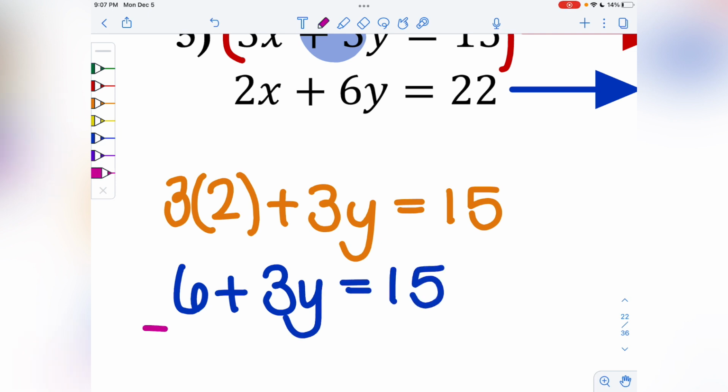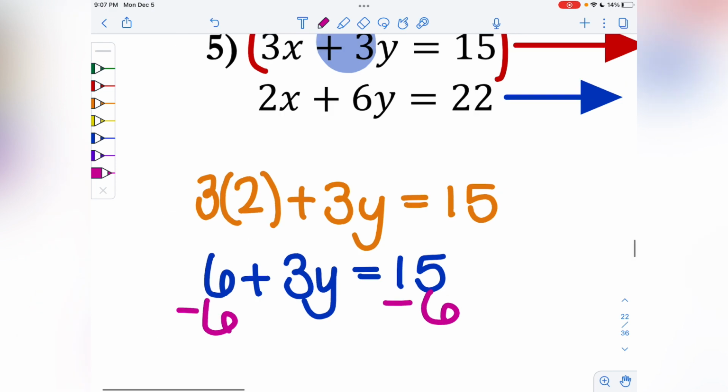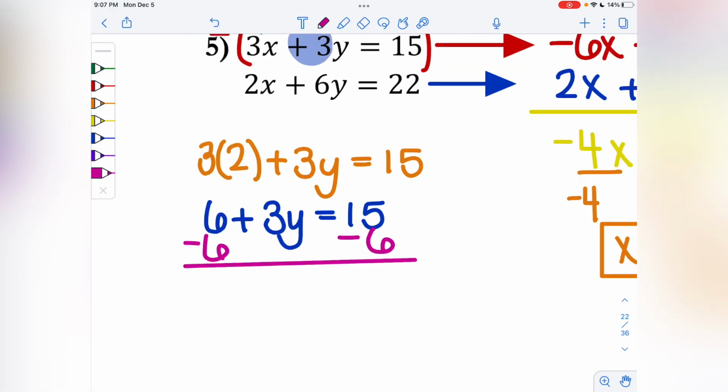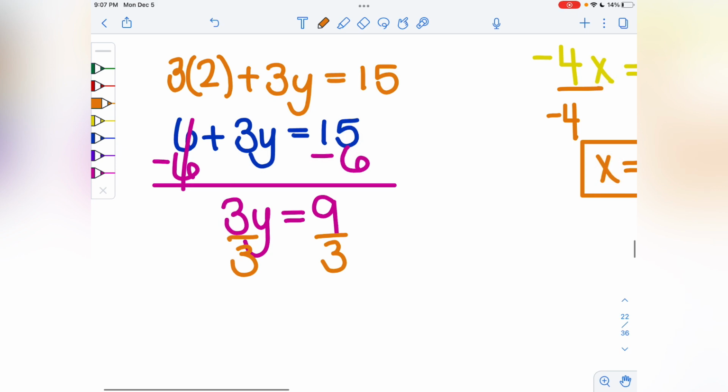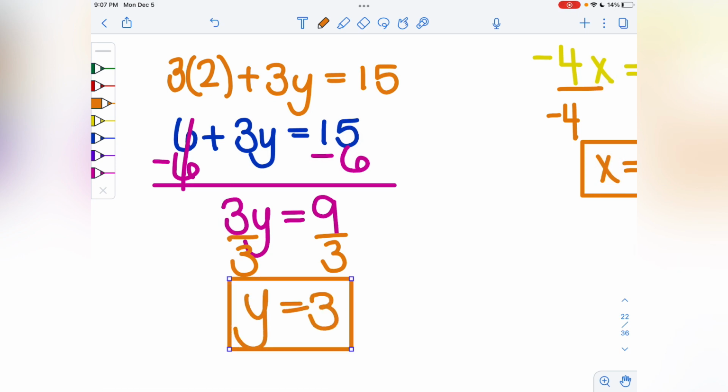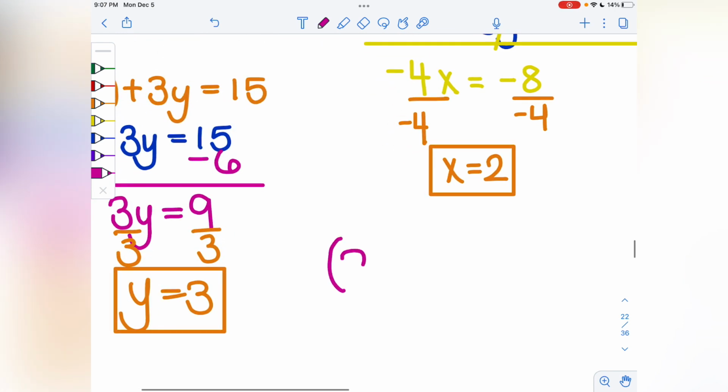I am going to subtract over the 6. So 3y equals 9. And when I divide both sides by 3, I get y equals 3. Which means my final solution is 2, 3.